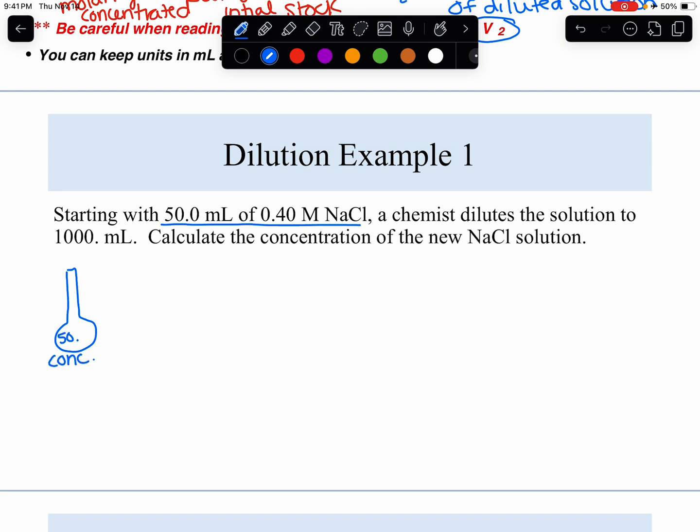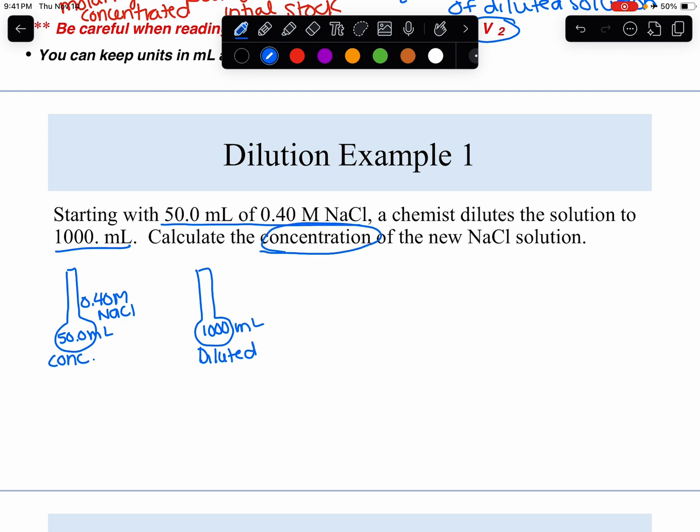And there is 50 milliliters of a 0.40 molar solution of NaCl, table salt, right? The chemist dilutes the solution to 1,000 milliliters. So what we're going to have is a new volumetric flask. That's awful, but that's okay. You get the point. And this is my diluted, and this is now 1,000 milliliters. So you can see the volume change here.